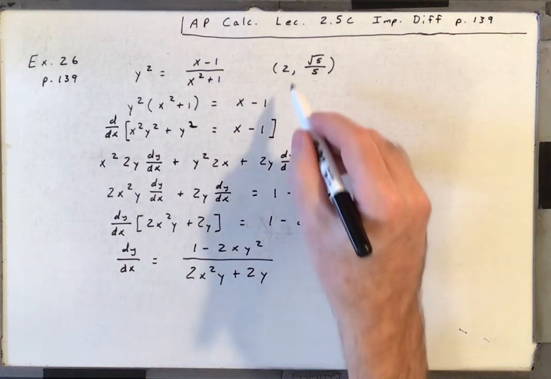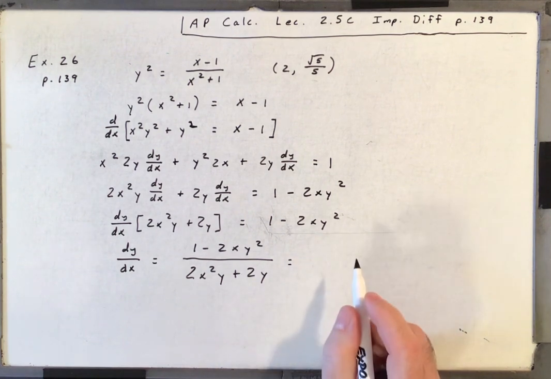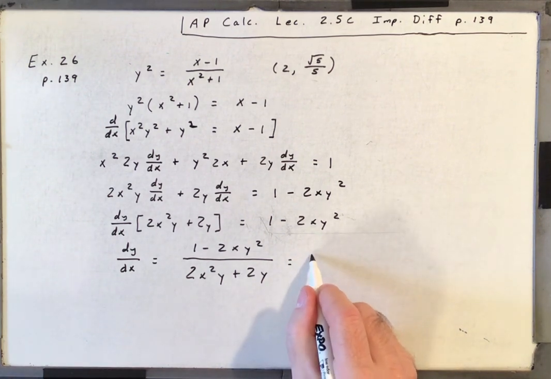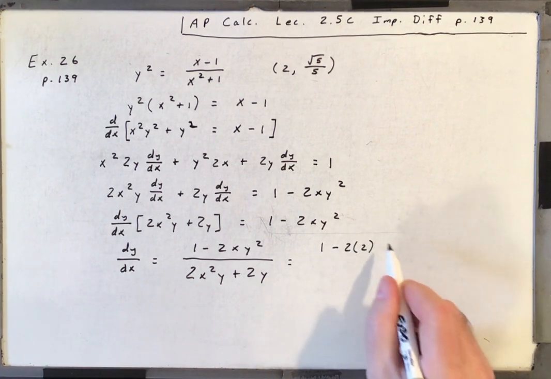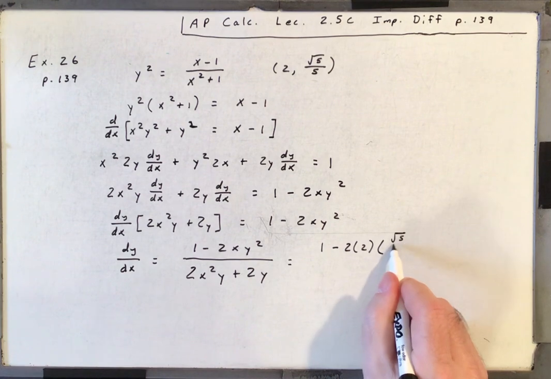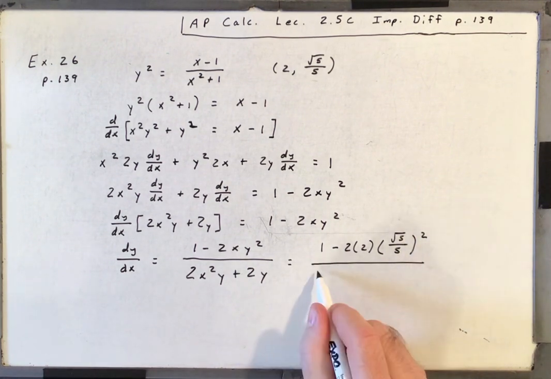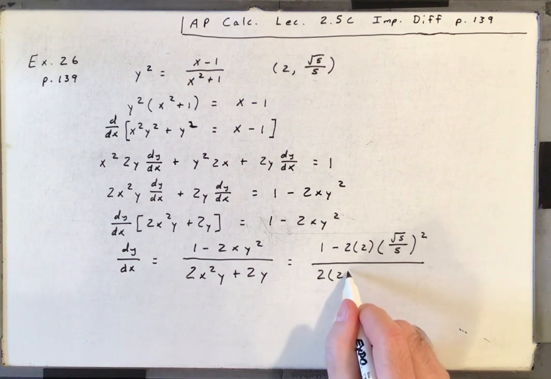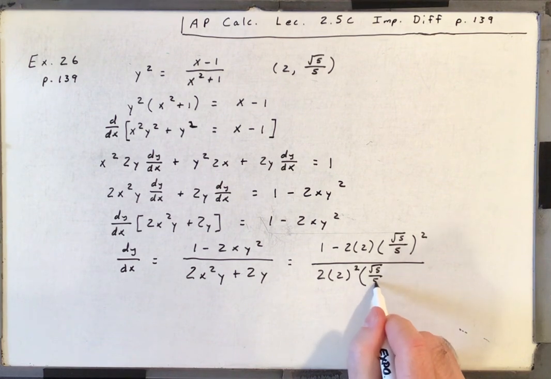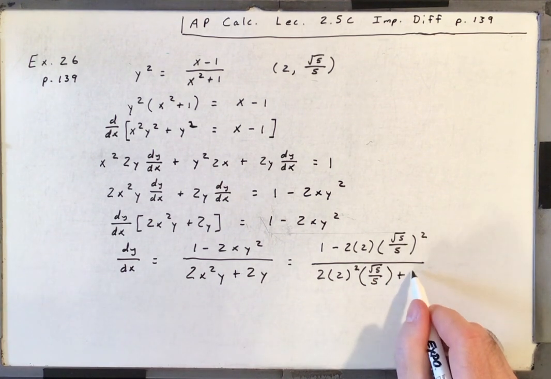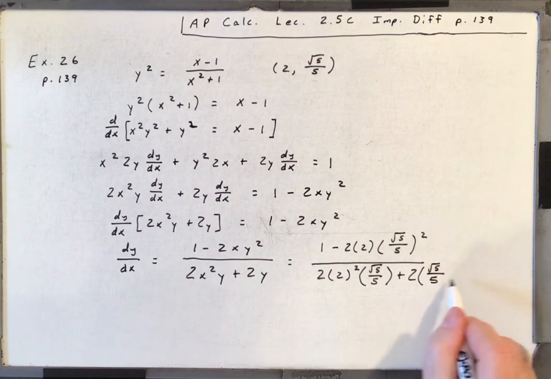Now I'm going to plug in this point, 2, root 5 over 5, to get the slope. So I'd have 1 minus 2 times 2 times (root 5 over 5) all squared, over 2 times 2 squared times root 5 over 5, plus 2 times root 5 over 5.